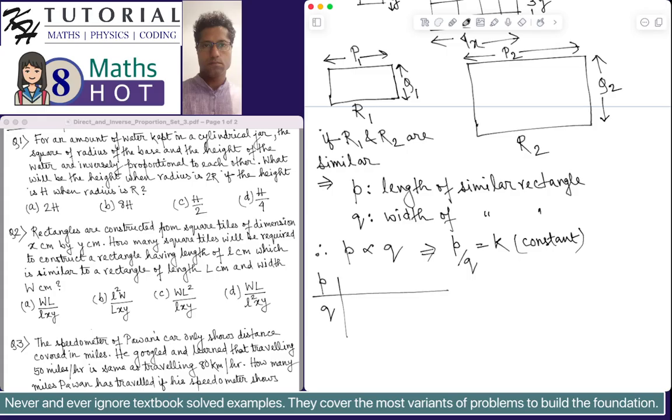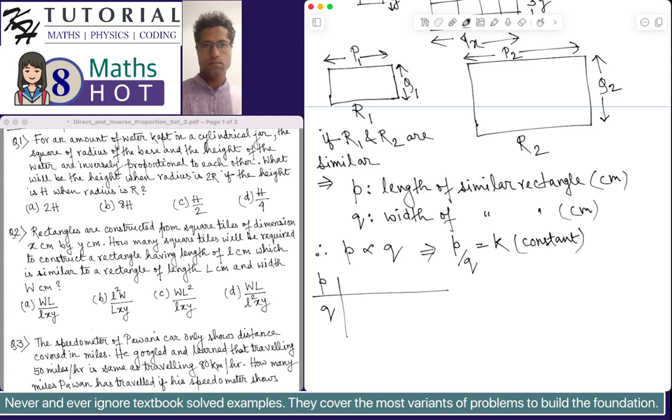So it is given that the rectangle is having a length capital L centimeter and width W centimeter. The units of this will definitely be centimeter.